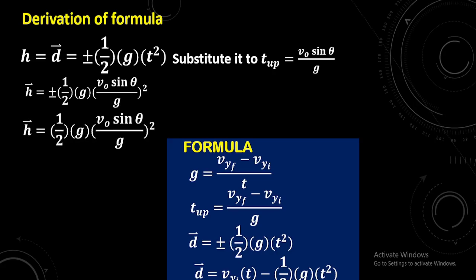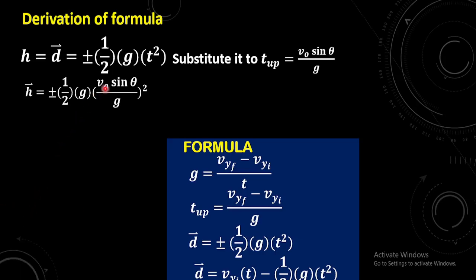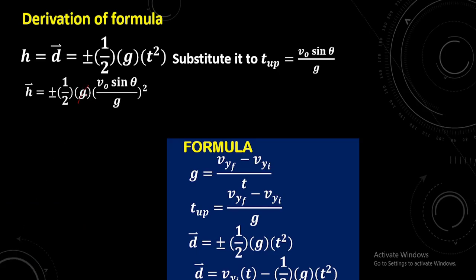So you have h is equivalent to 1/2 g times v sub o sine theta all over g, squared. You have to square it first, so you're going to have g squared, and then one g will cancel out.